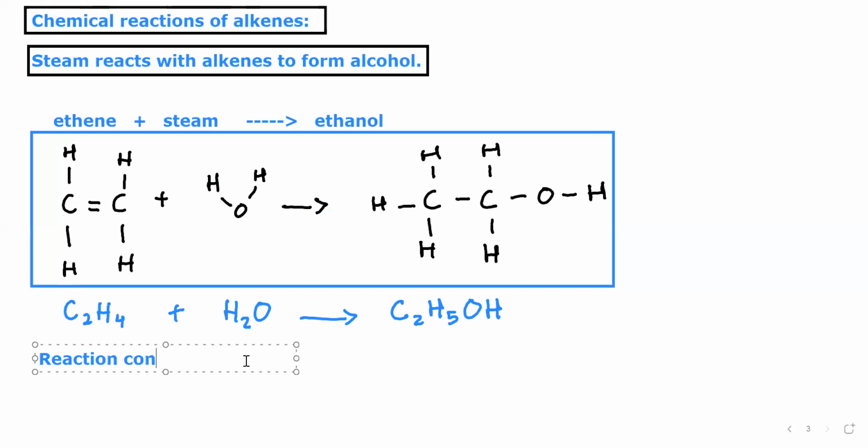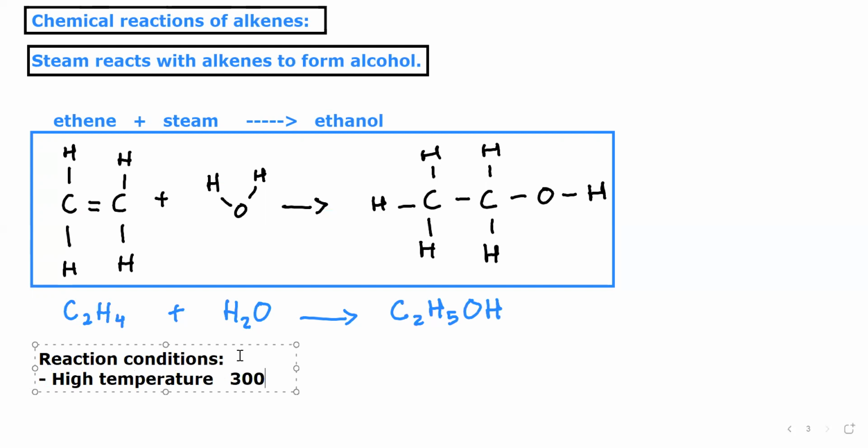Keeping in mind, there are also reaction conditions that we will consider. We will talk about high temperature, about 300 degrees Celsius, then high pressure, about 6,000 kPa, and then a catalyst, which is concentrated phosphoric acid.